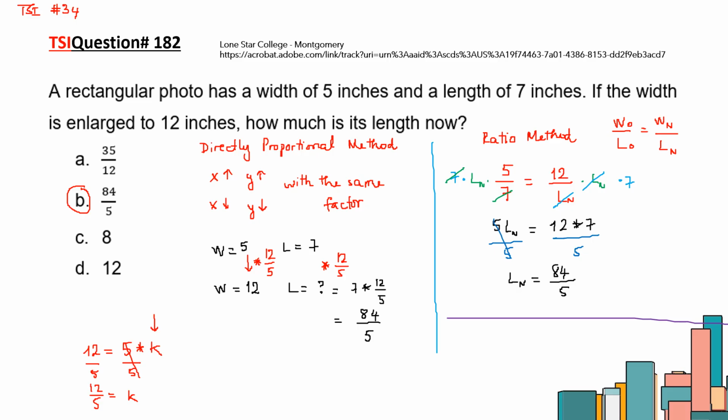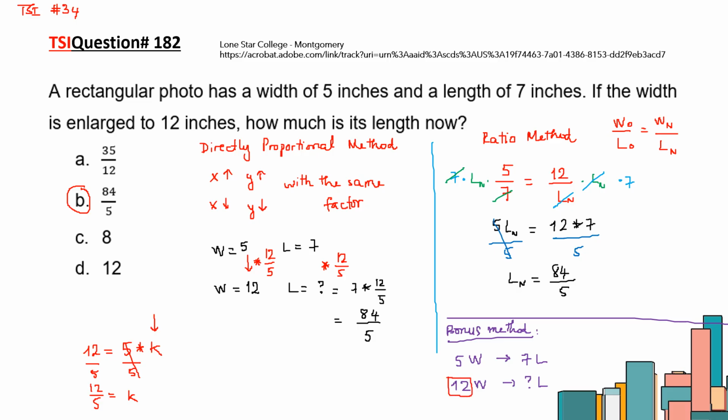Okay, the bonus method. You can just set up 5 for the width to 7 for the length. Now if it's 12 for the width, how much will it be for the length? So we use the method of cross multiply, divide by the rest.